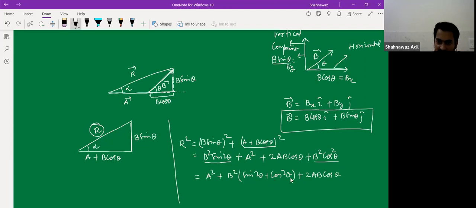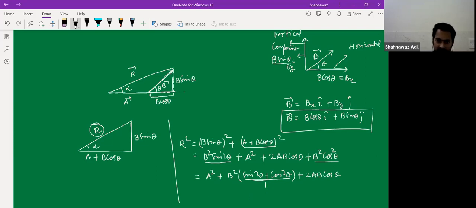So what is the sine square theta plus cos square theta identity? Do you guys remember this identity? Yes, 1.